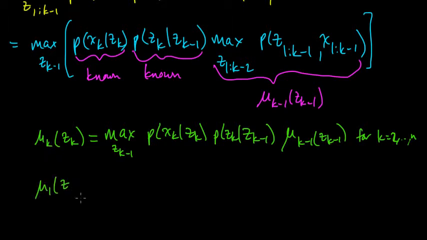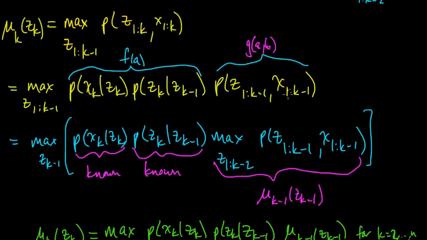So mu_1 of z_1, well, what is that? Mu_1 of z_1 is the max over z from 1 to 0. So this is just an empty maximization, a trivial maximization. So this is just the probability of z_1 and x_1. If you wanted to check, you could also say, okay, what's mu_2? Mu_2 is the max over z_1 of the probability of z_{1:2} and x_{1:2}.